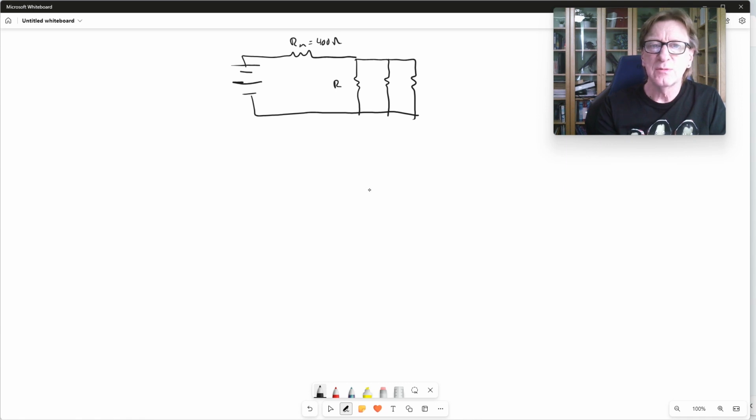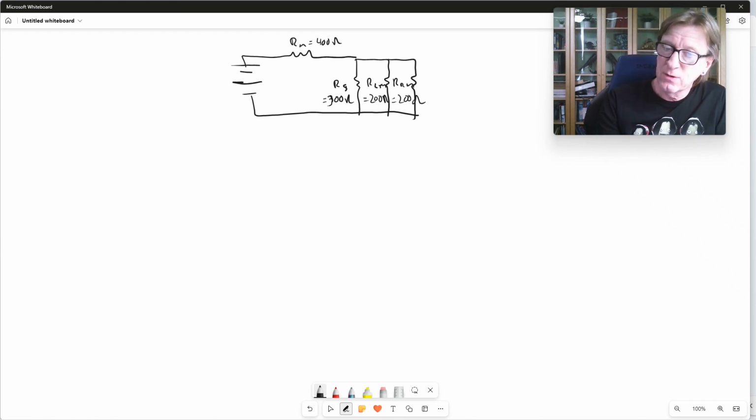This was the resistance of the sensor, which we said was 300 ohms. That's a 3, funny looking 3, but it works. And this is the resistance of the left motor, and then we can call that RLM if we want, or just RL, which was 200 ohms, and the right motor, which was our RM, or just RR, which was also 200 ohms.